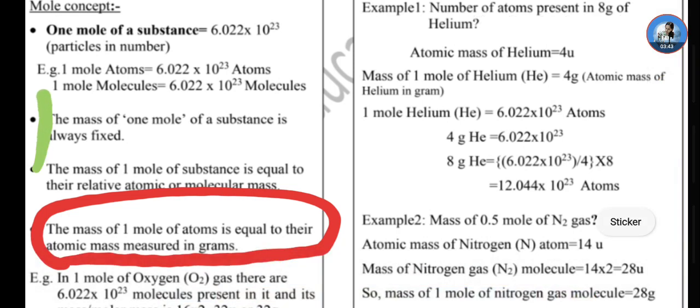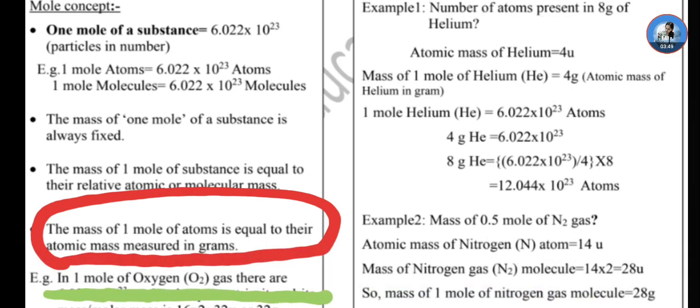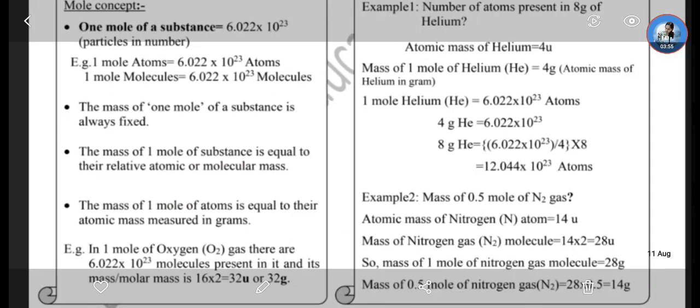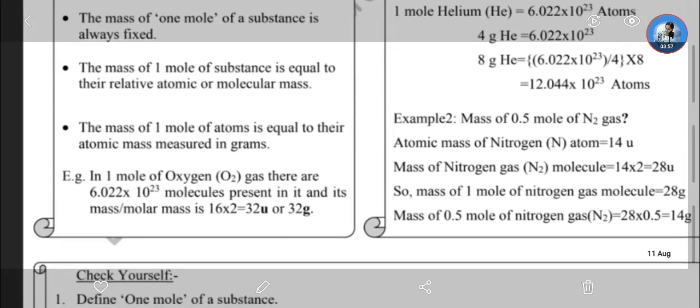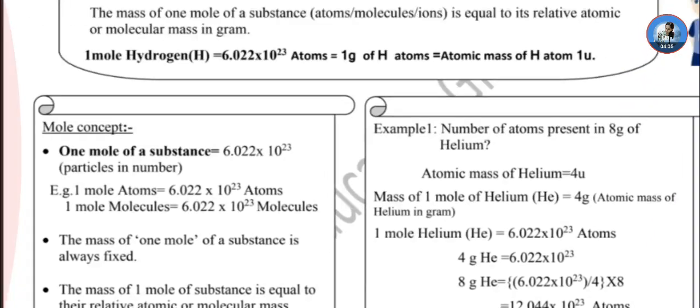For oxygen, that is 16. So here 1 mole contains the fixed number of atoms, that is 6.022 into 10 raised to power 23. And the molar mass of O2 is 16 into 2, that is 32 u or 32 gram. Let's move to some examples.